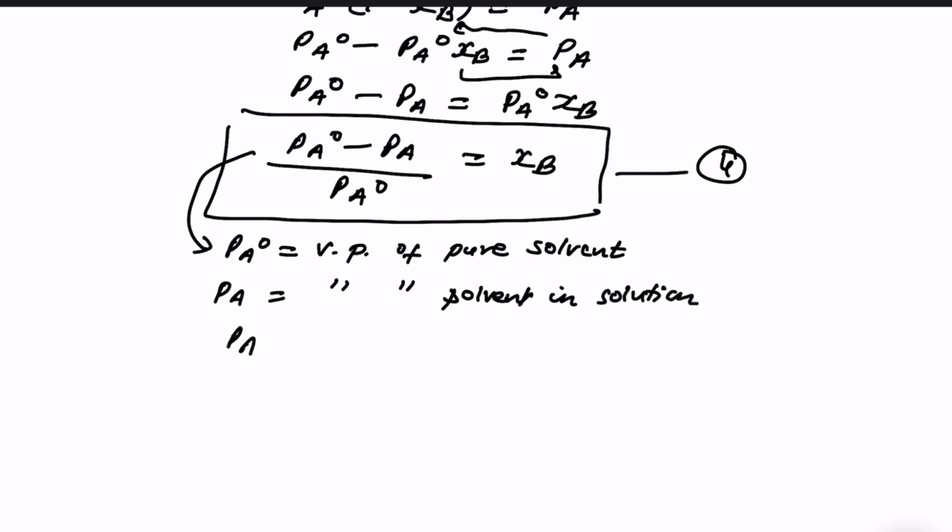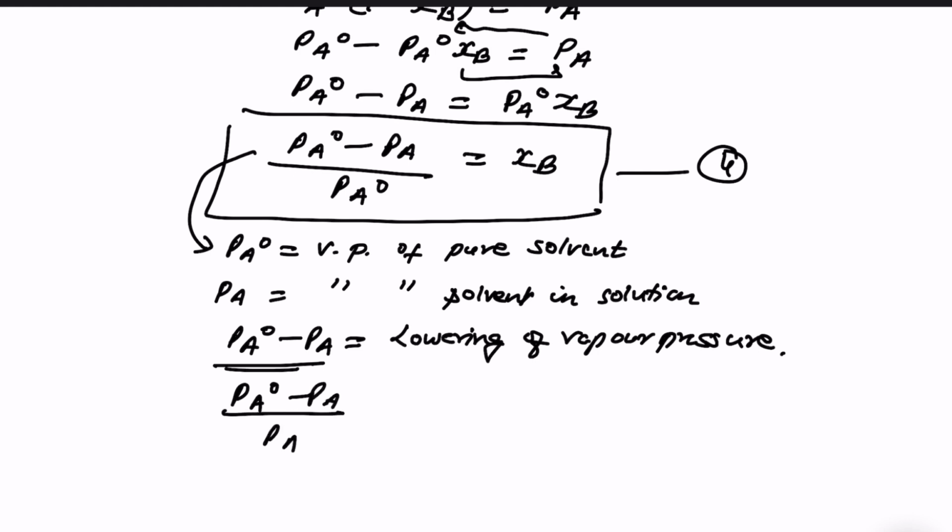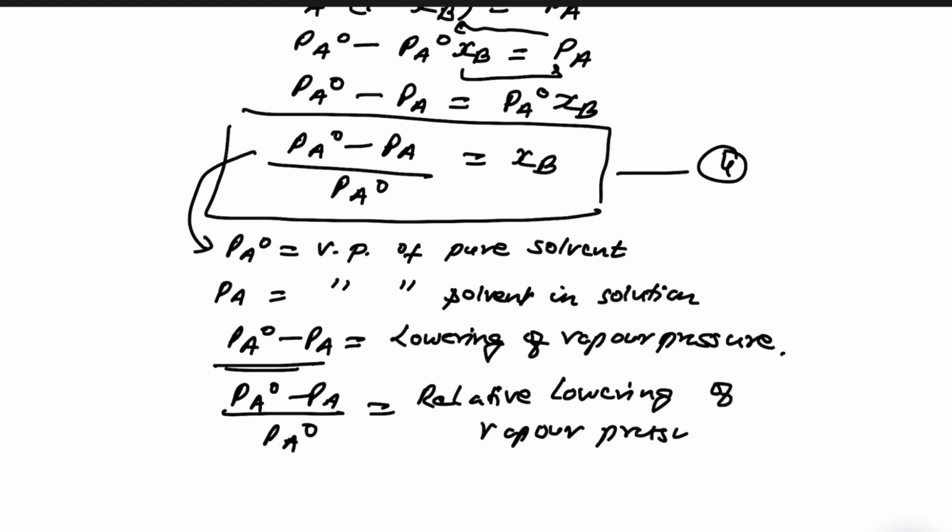Now, what is PA naught minus PA? PA naught minus PA is known as the lowering of vapor pressure. And when we divide it by PA naught, the quantity which we get is known as the relative lowering of vapor pressure.